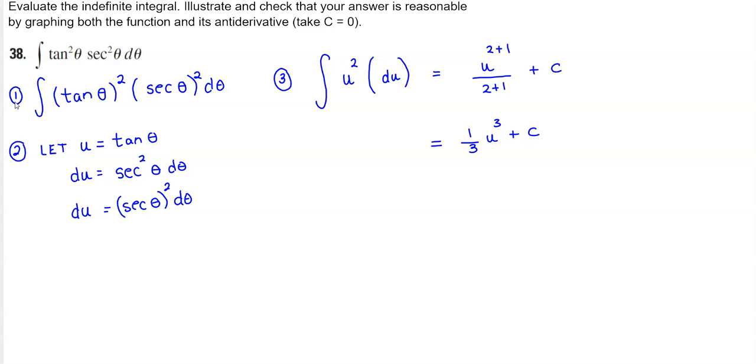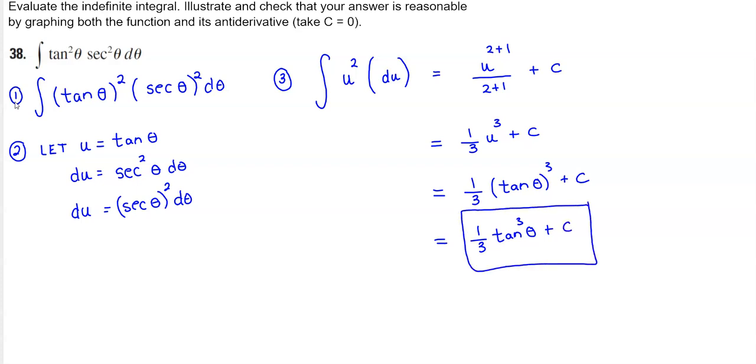Okay, so now let's go ahead and plug in what we substituted for u, which is the tangent of theta. So that's the tangent of theta to the third power plus c. And therefore we end up getting 1/3 times the tangent theta cubed plus c. Okay, so therefore that is our result.